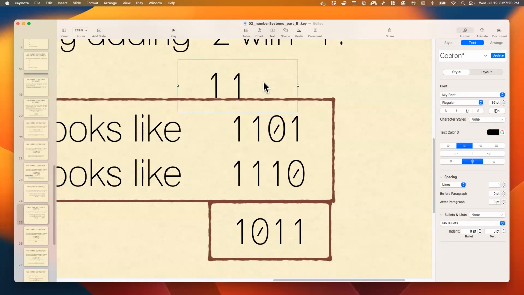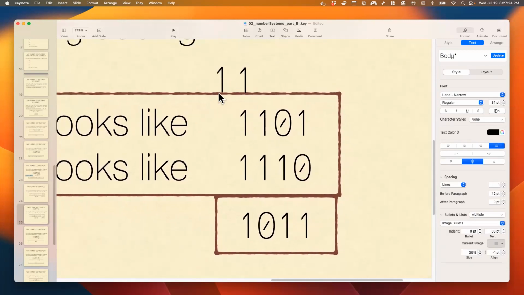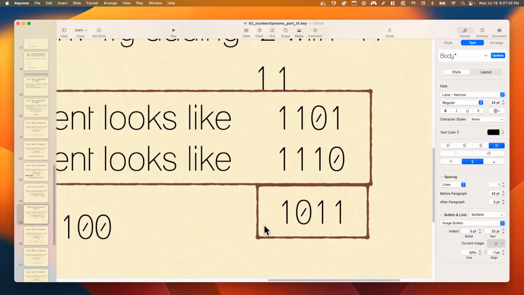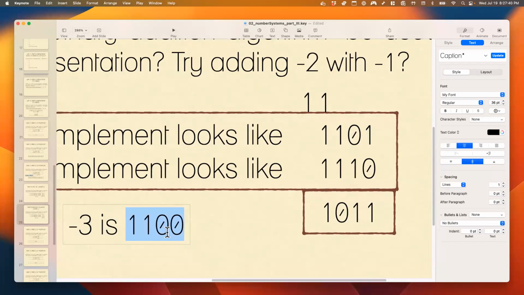So, all right. Do you want to guess what we need to do to make this work? I'll give you just a few seconds to guess. How do we make this number look like this one? Switch the values following the MSB.